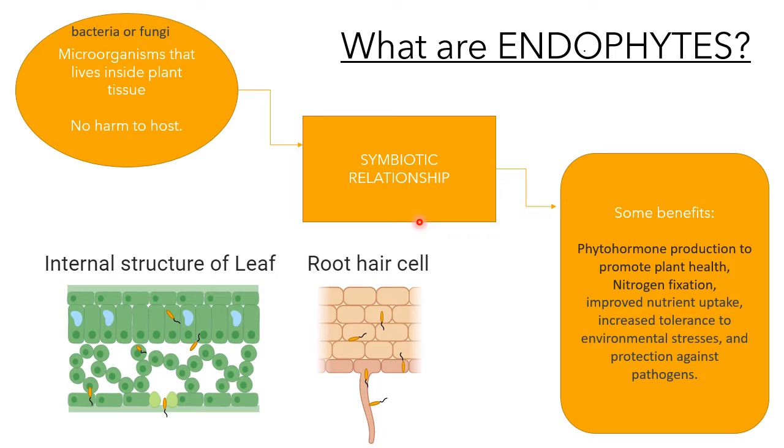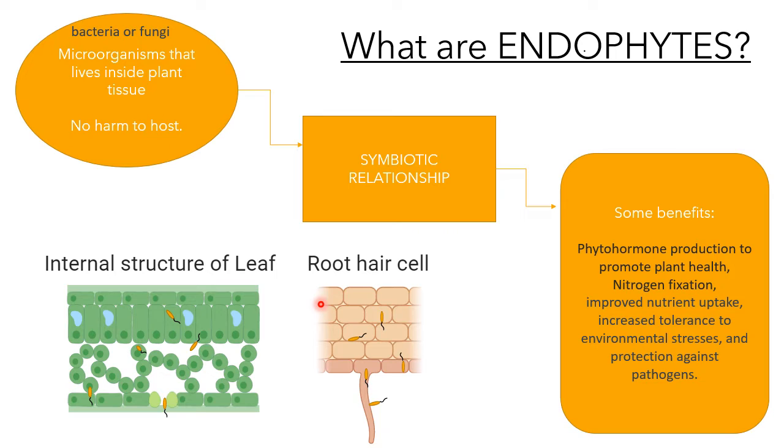Okay, what are those purposes? We will study further. So you can find some bacteria growing, say, in a leaf or in a root hair cell. Okay, so there are techniques for growing them in a microbiology lab. A separate video I will be uploading on how you screen and isolate these endophytes.